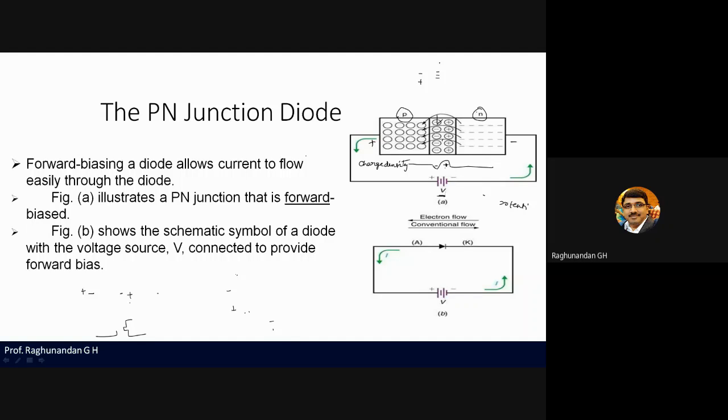Why is one positive, the other one shown as negative? Because they're donating and accepting. Yeah, that is a positive ion, this is a negative ion.